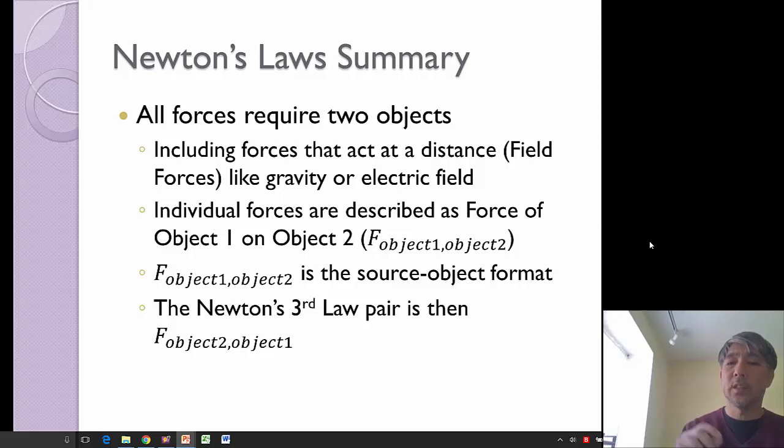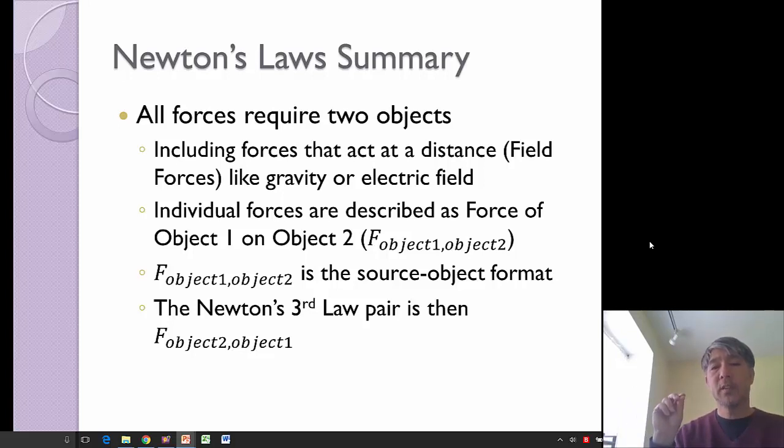The way that looks is that the force of object 1 comma object 2, or the force of object 1 on object 2. There are several reasons for labeling our forces that descriptively. The first reason is that Newton's third law pair becomes very obvious when you use that format, because all you need to do is switch the two object nouns.